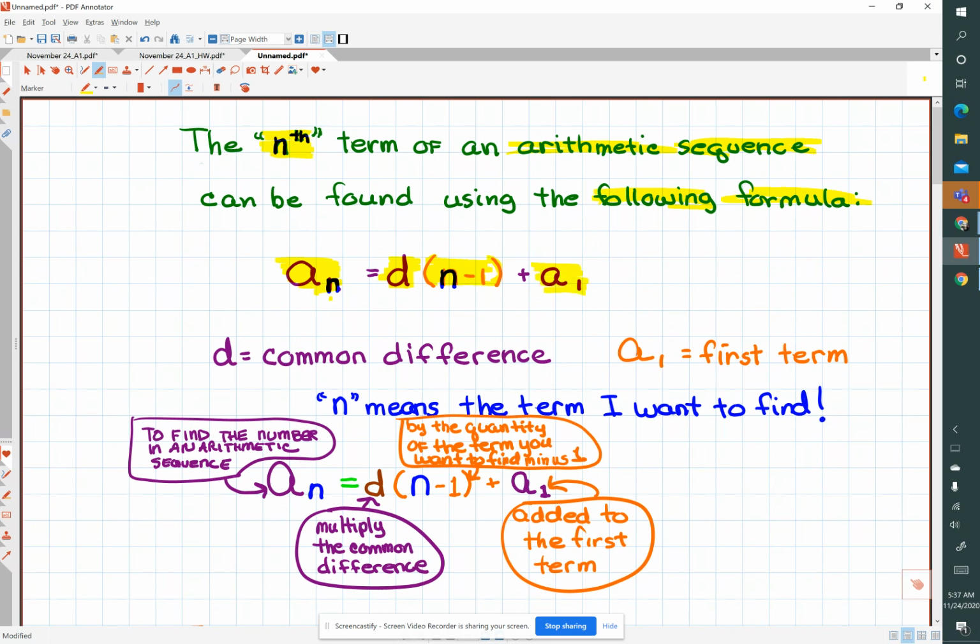And what do these all mean? Our d is the common difference. Our a sub 1 is the first term in the sequence.